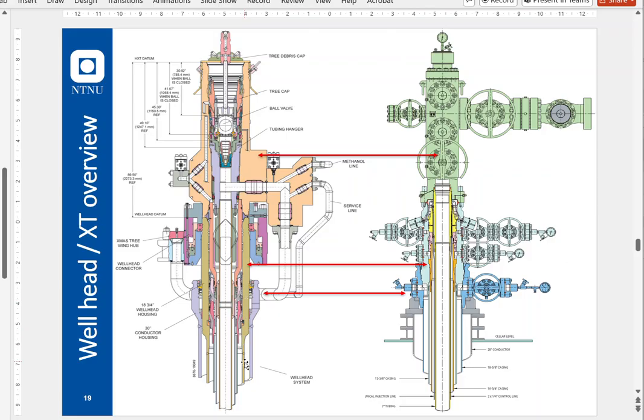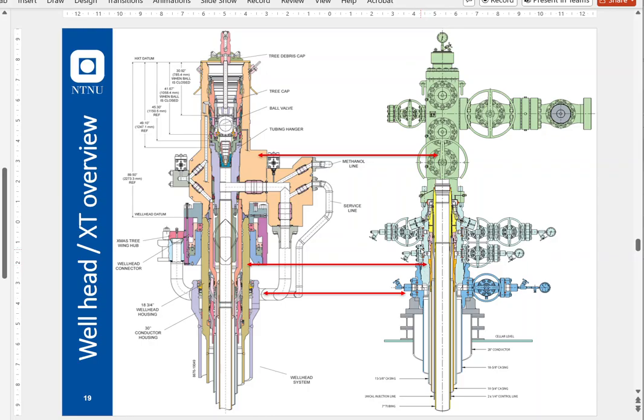This wellhead sits on the 20-inch casing, which refers to the surface casing, and is very often drilled without any BOP. It's the same here.